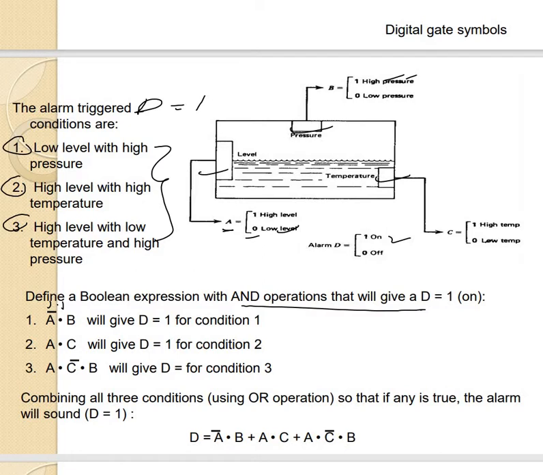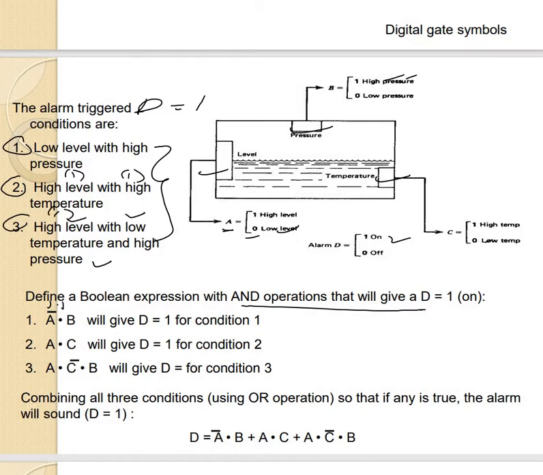Okay, so second condition, to get D equal to 1, high level with high temperature. So both high level and high temperature, the binary state is 1 here, this is also 1. So directly put A and C. For the third condition, for D equal to 1, we need to fulfill high level, low temperature and high pressure.